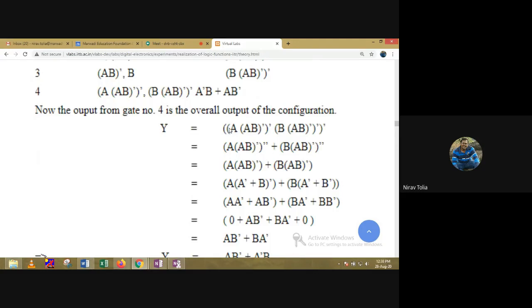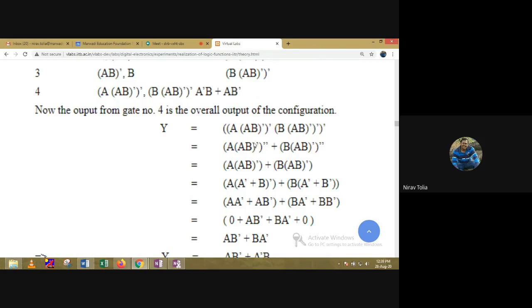The final equation of the output is A into AB bar whole bar, and B into AB bar whole bar, all with a final bar. If you use De Morgan's theorem, which says AB whole bar is equal to A bar plus B bar, the multiplication sign converts into plus.